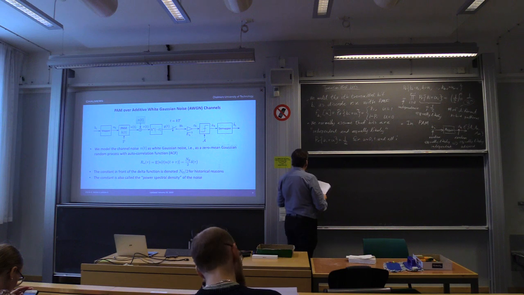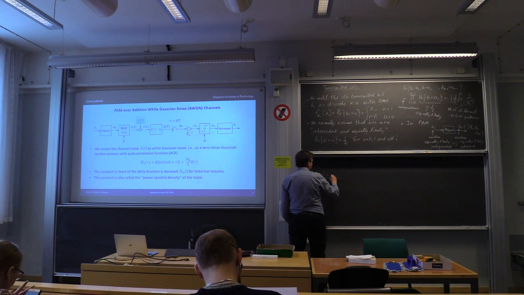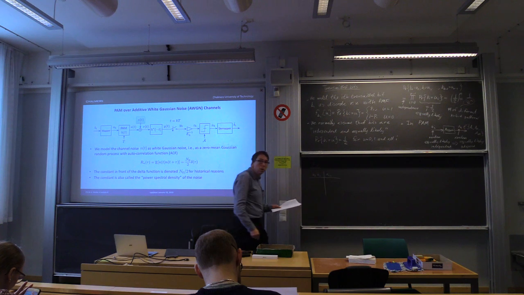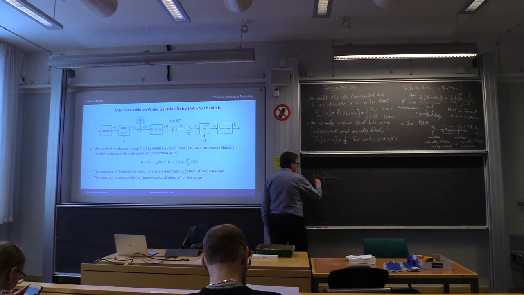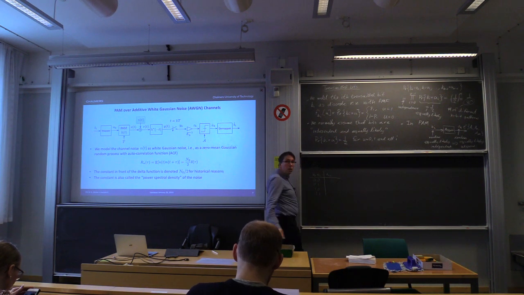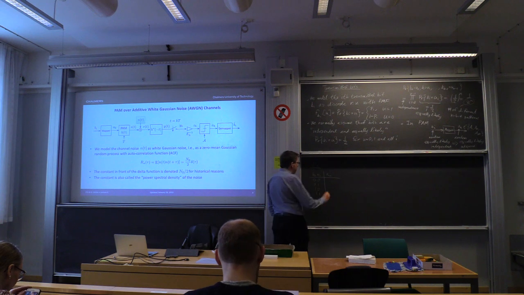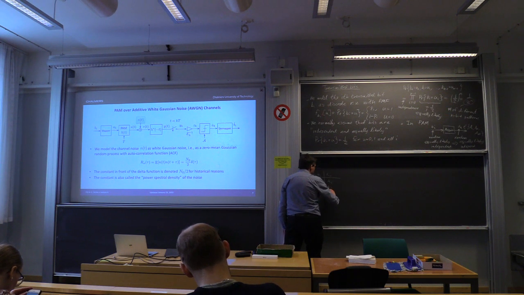So a short example to illustrate this. Say that we have 2 input bits which produce 1 output symbol. Then the possible input patterns are 0 0, 0 1, 1 0, 1 1. And the possible outputs are capital A1, A2, A3, and A4.